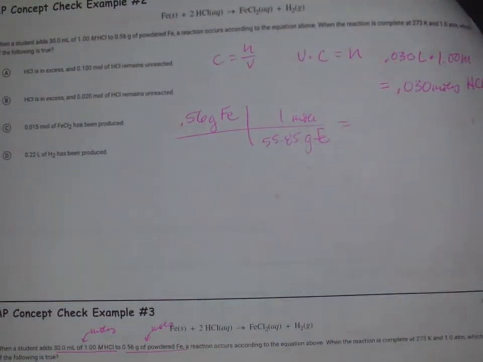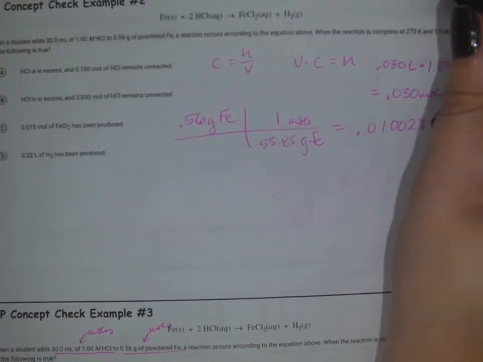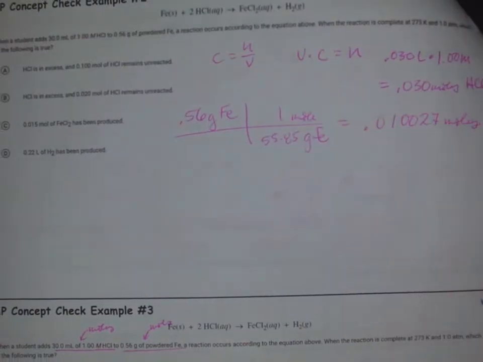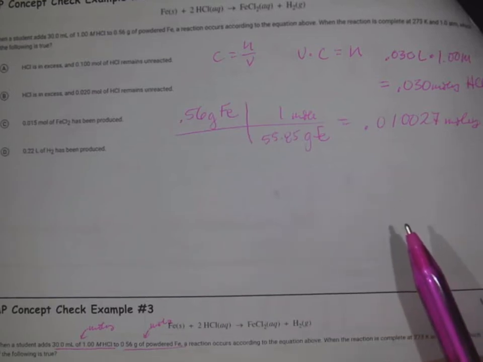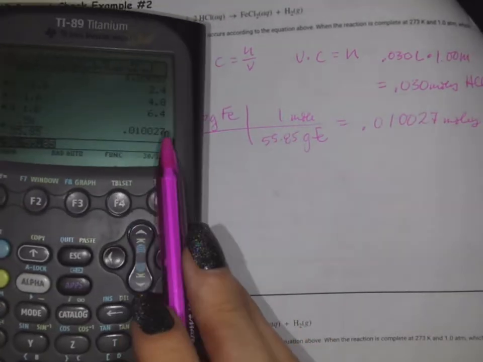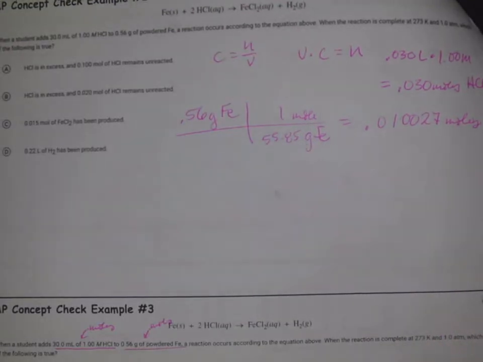Okay, plug this in my calculator. 0.0100027 moles. Okay, now it's important I keep these long numbers. I may shorten it inside of my BCCA table, but I'm storing the long numbers in my calculator so I can go back and grab those, because we don't want to round until we get to the very end.